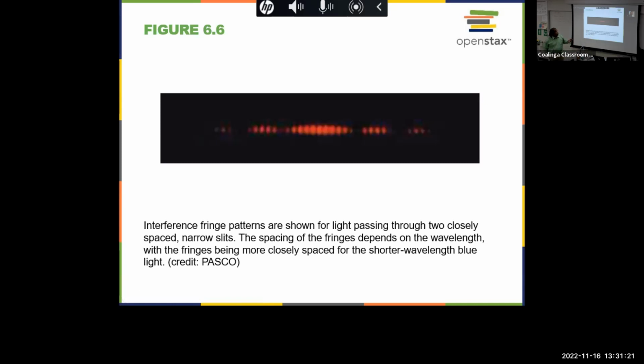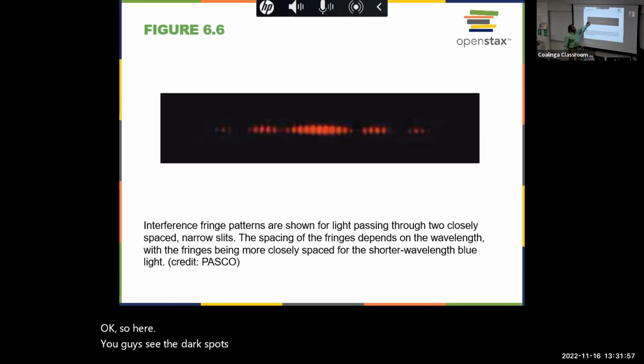Okay, so here. Let's go back. Okay, so here, you guys see the dark spots here?